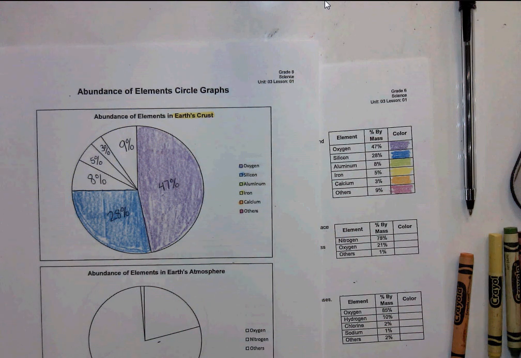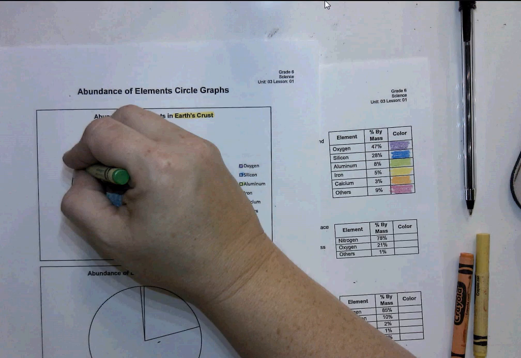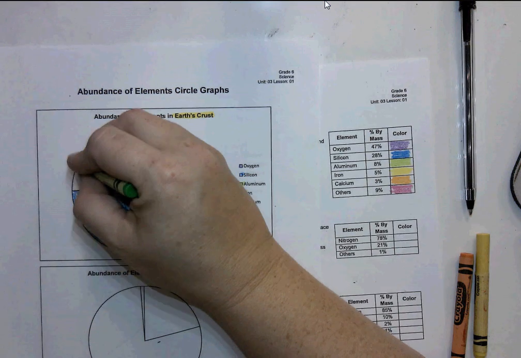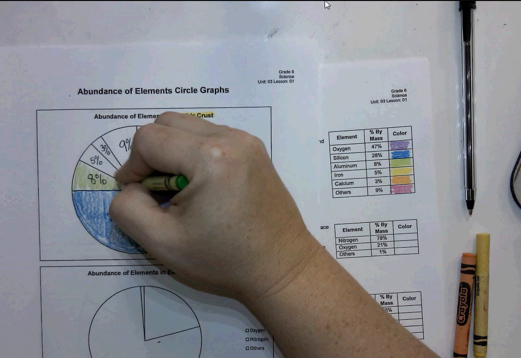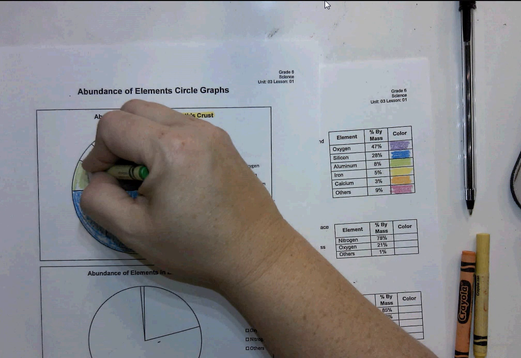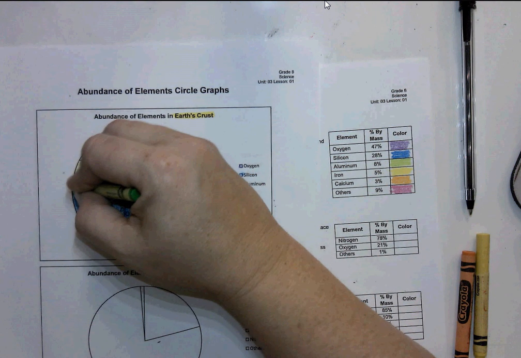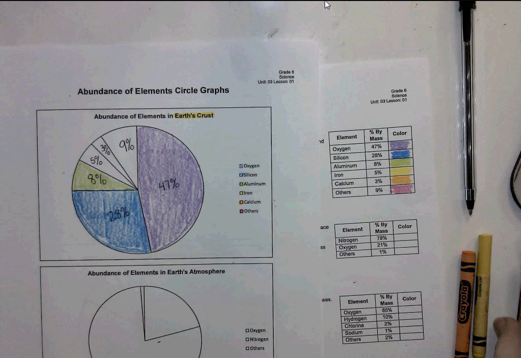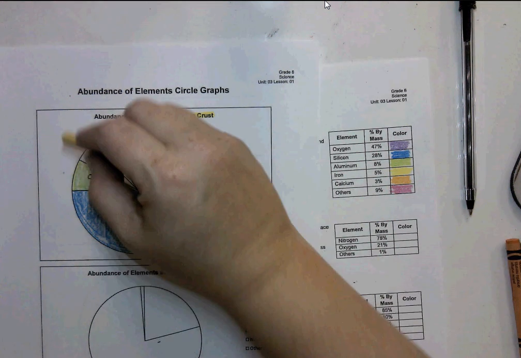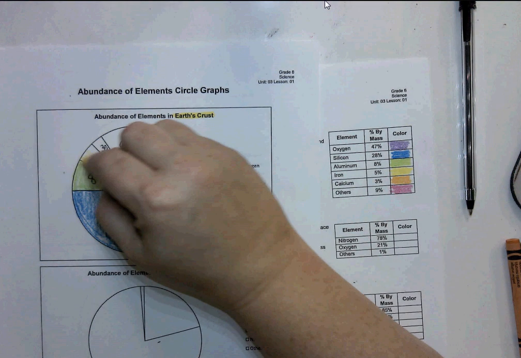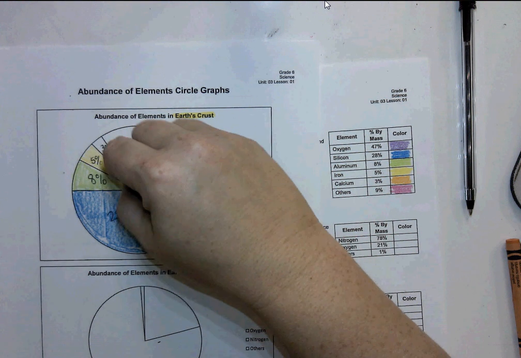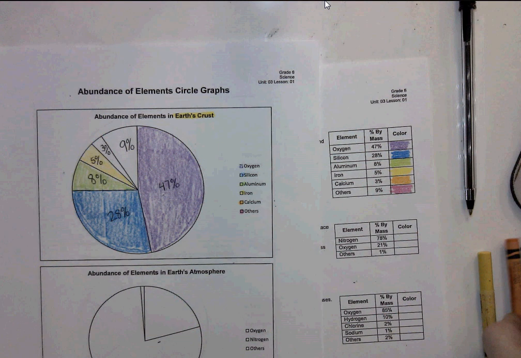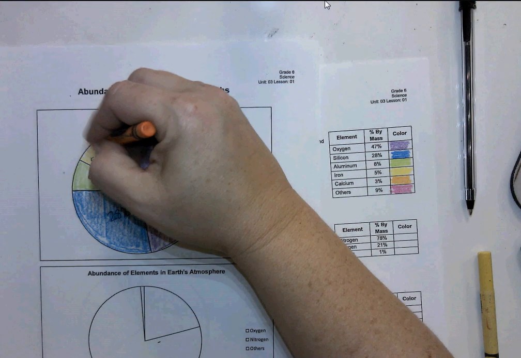And now I'm going to color the 8% with my color for aluminum, which is green. Nice and neat. And then my 5% with my yellow. My 3% with my orange.